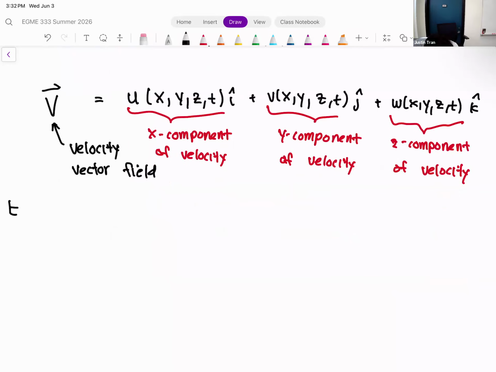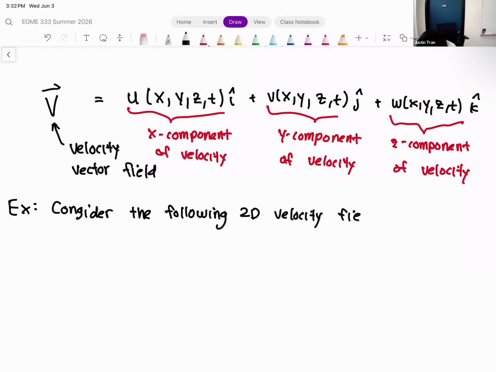For this example, we are going to consider a 2D velocity field. So a 2D velocity field means that we're going to ignore the z component of the velocity, and then we're going to ignore the z dependence on each of the components as well.